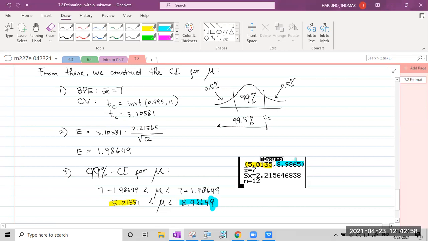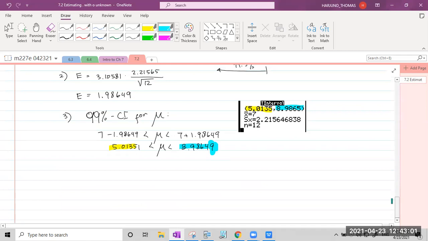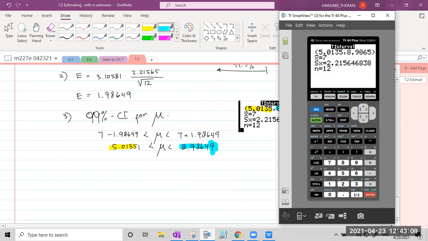But I want to show you one more thing. What is usually done in other textbooks, with other instructors, they don't even care if you know how to show the work. They just ask you right away, what is the confidence interval, without you showing any work. So those students will just use a calculator.